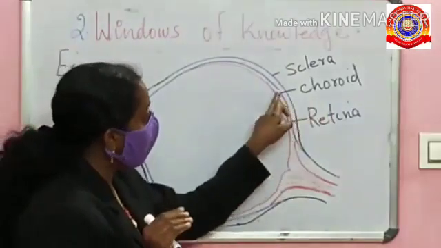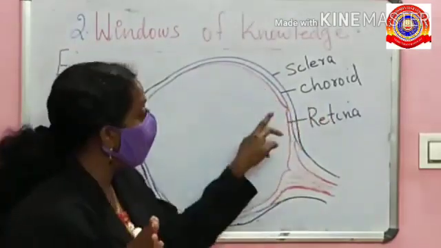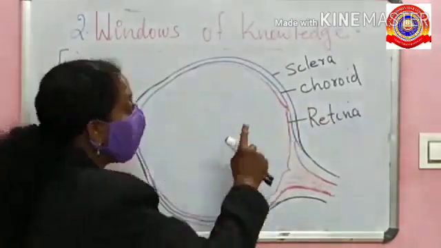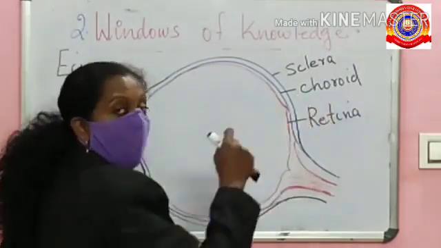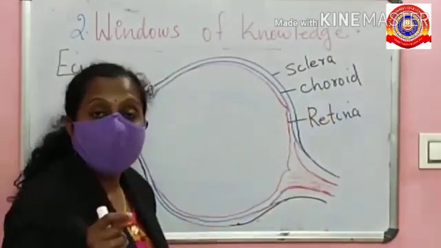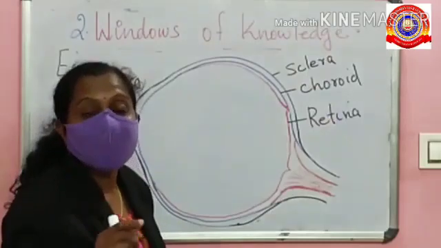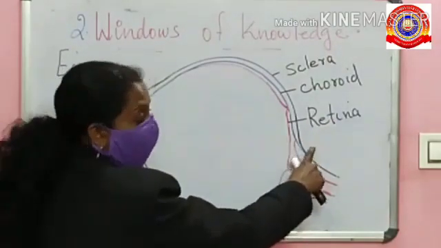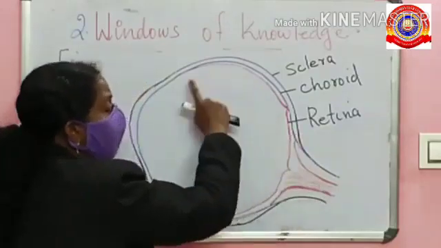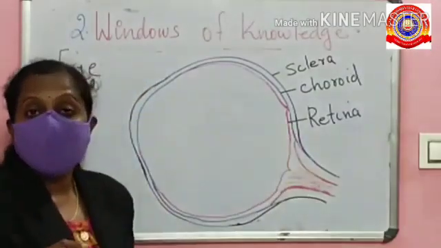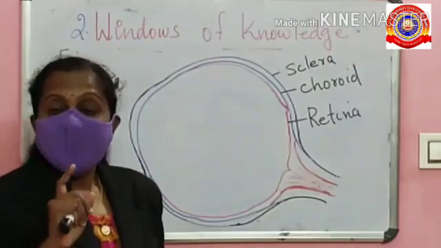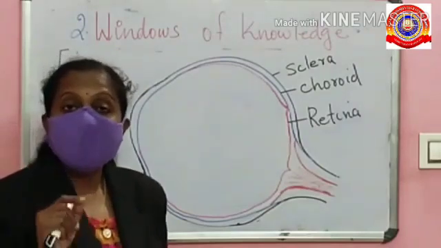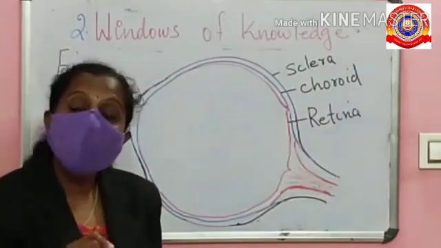Then second layer is called the choroid, which is the middle layer. Large number of blood vessels are present in the choroid. Third one is the retina. In the retina, large number of photoreceptors are seen. We learned that the receptor present in the eye is a photoreceptor.